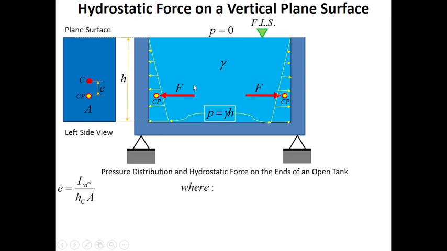Ito yun. Yung HC ay yung vertical distance. Ito yung HC. Vertical distance from the free liquid surface down to the centroid of the plane area.